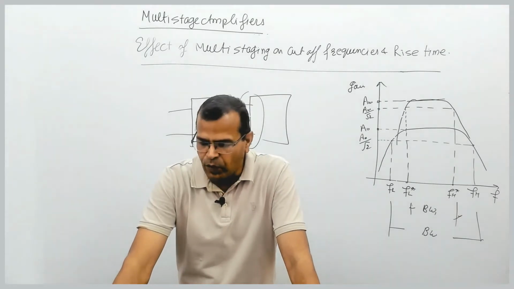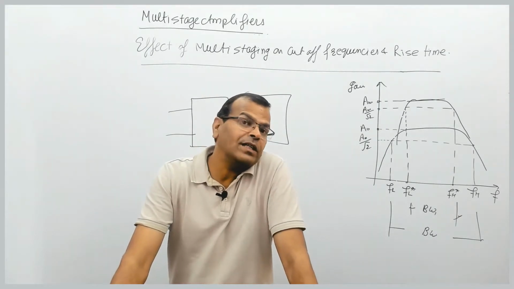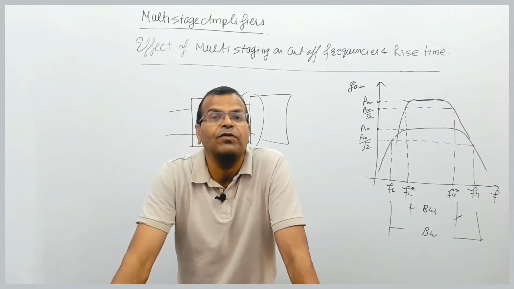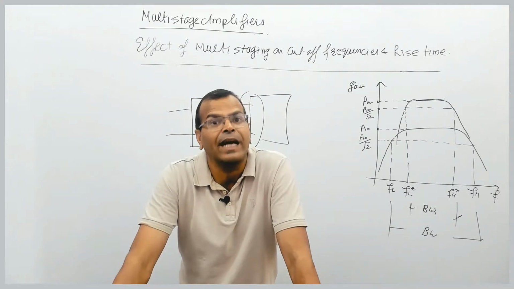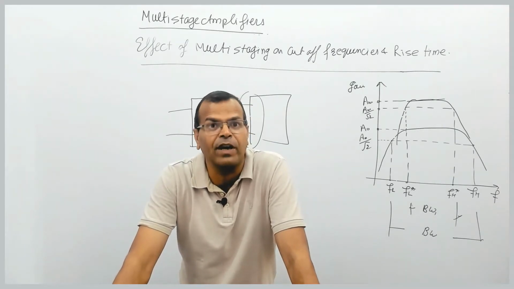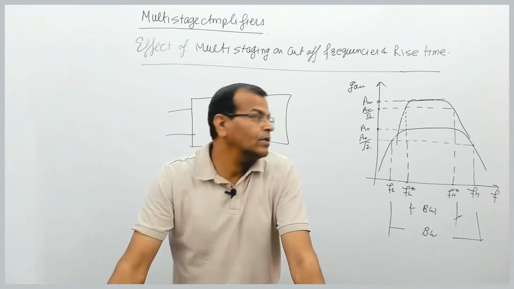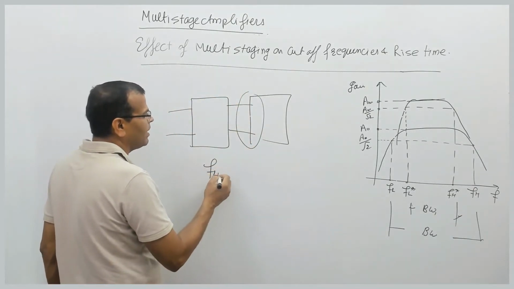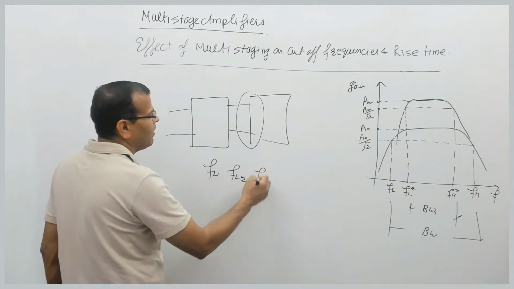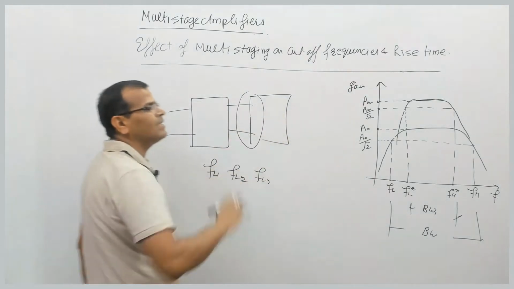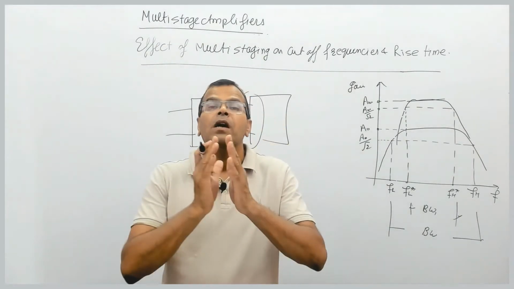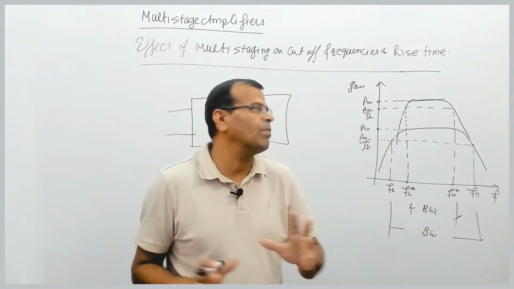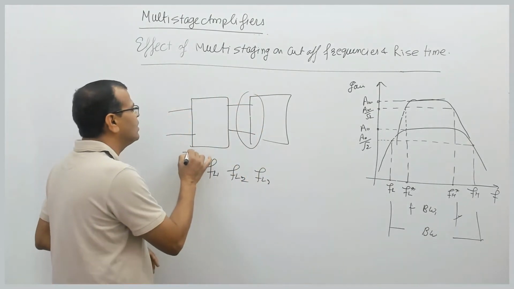Now, interestingly, in a multi-stage amplifier, suppose a number of different amplifiers are connected in cascade to form a multi-stage amplifier. If you have 10 amplifiers, they will have different cutoff frequencies FL1, FL2, and so on. Take the example of a 3-stage amplifier.